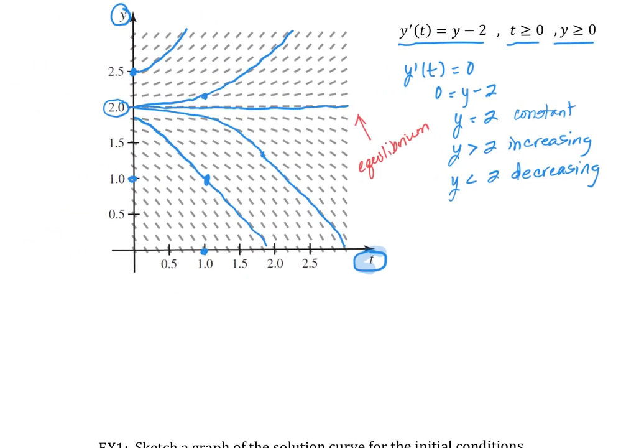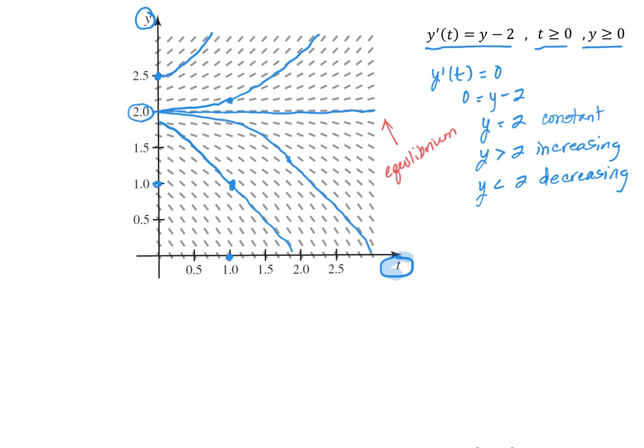Something else that will come up with these equilibrium curves, or these horizontal lines, is in the case where the solutions are moving away from the equilibrium. So look at our graph. If we pick any curve, we can see as we go from left to right, all the curves are going away, away, away from our equilibrium.